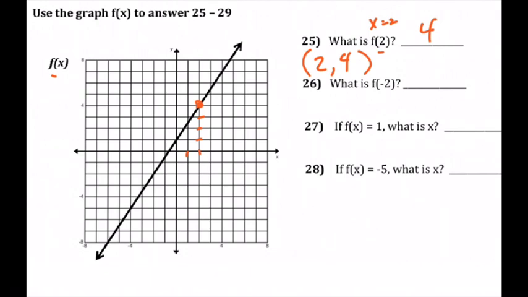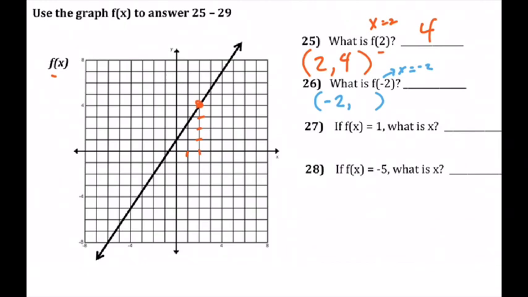What is f of negative 2? If x is negative 2, I find it's really helpful to do that little ordered pair thing, and it helps me kind of focus on what I'm looking for.